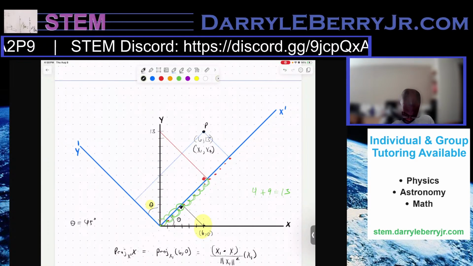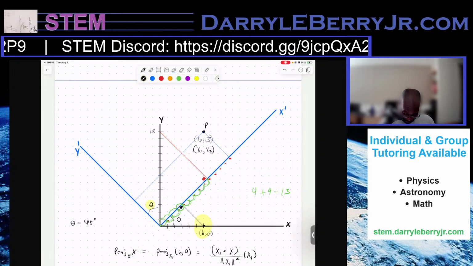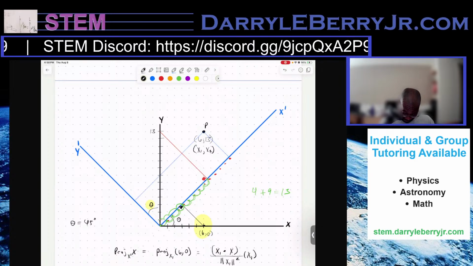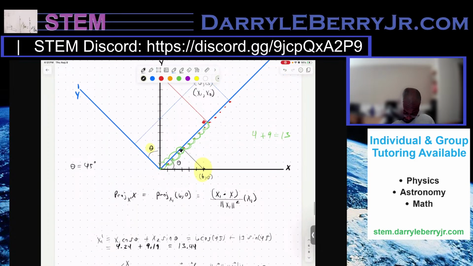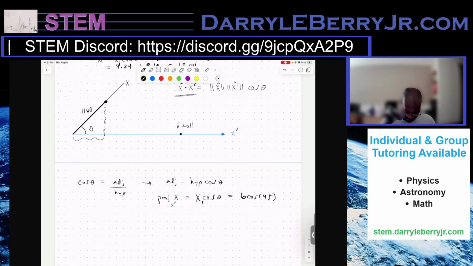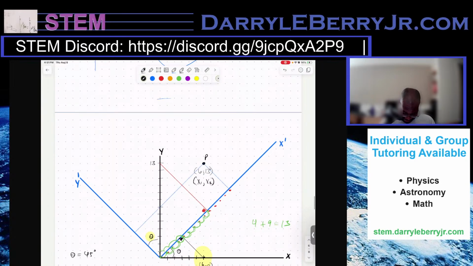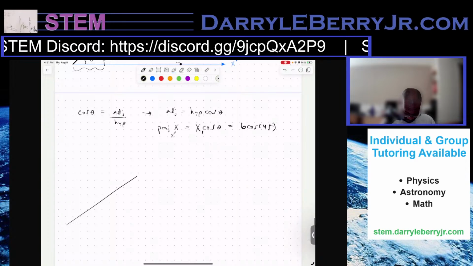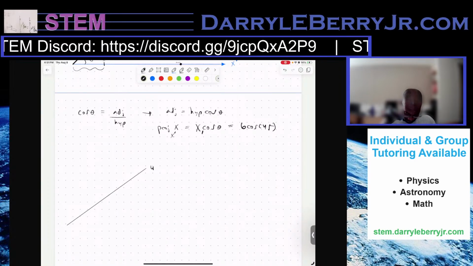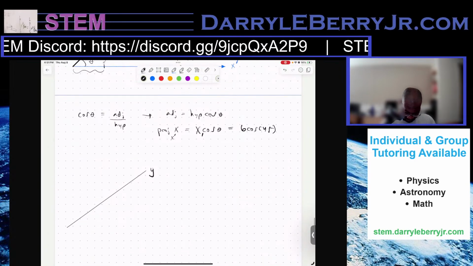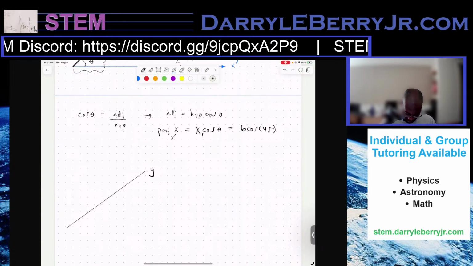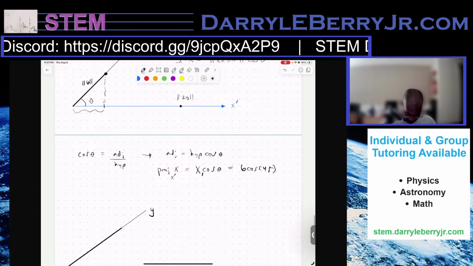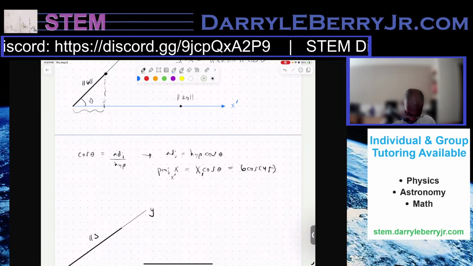This is y onto x prime. That's why they changed it to cosine. But it should be easy enough because when I have my y value, and we'll call this y, the magnitude of that is 13.